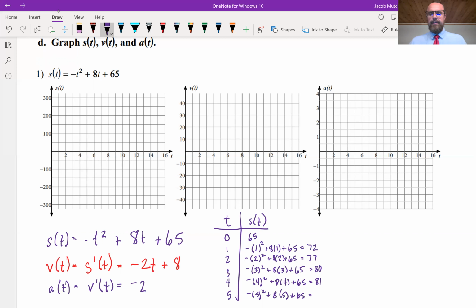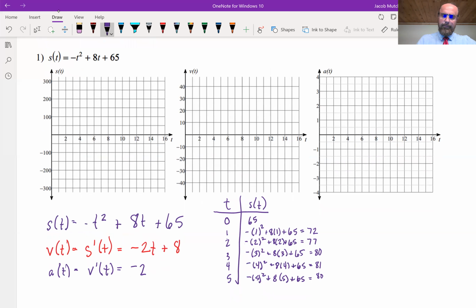And that would give us negative 25 plus 40. So that's going to be 15 plus 65 is 80. So we located our vertex there at 4, 81. And we could extrapolate that if we went forward to 6 and 7, our values should be symmetric, so 77 and 72.